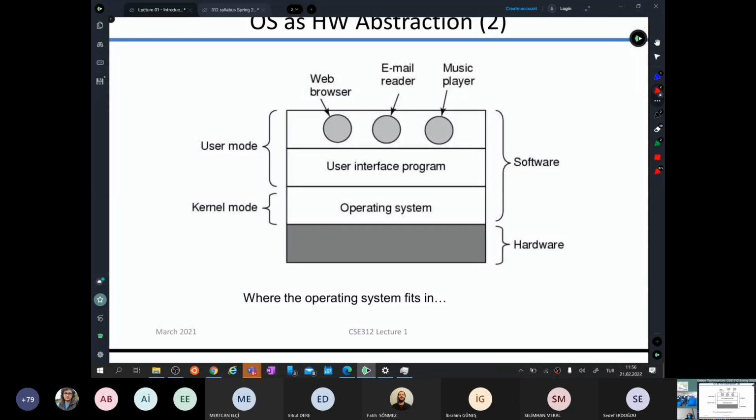If you have a program running on the CPU in kernel mode, then you have almost unrestricted access to everything. You are the owner of the whole thing. Usually only the operating system runs in kernel mode, where you can execute any instruction you like.